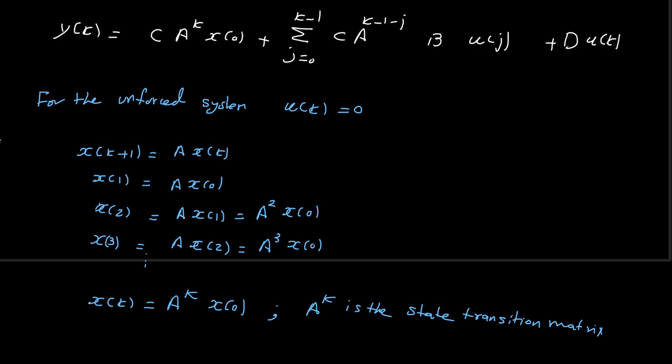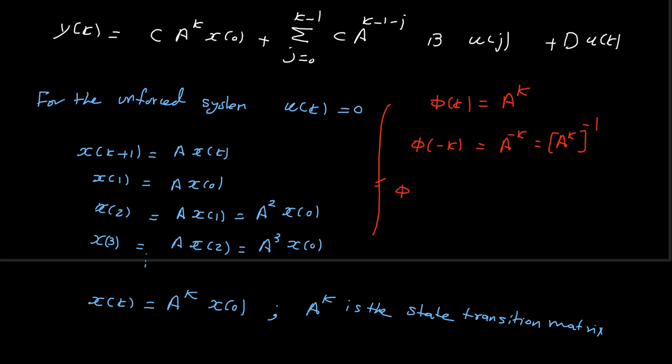So now here we can write that phi of k, which is the state transition matrix, is equal to A to the power k. So phi of minus k is equal to A to the minus k, which is actually A to the k inverse.